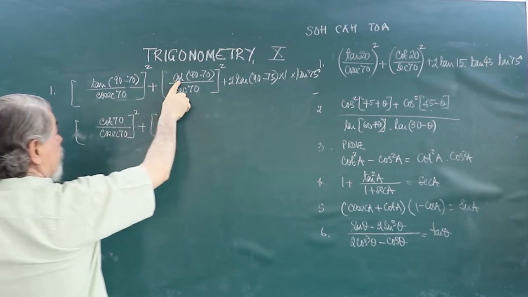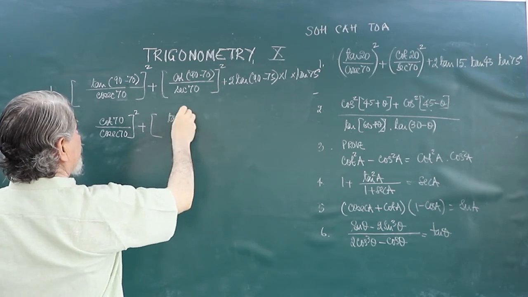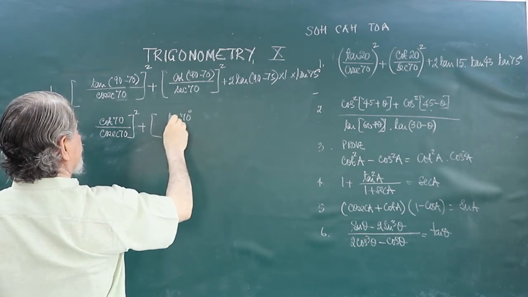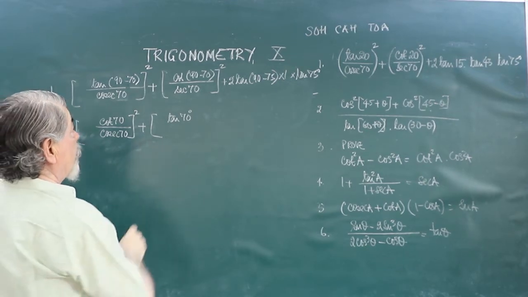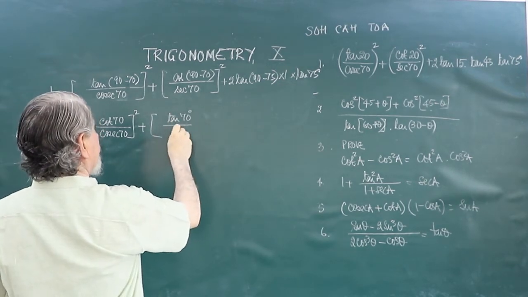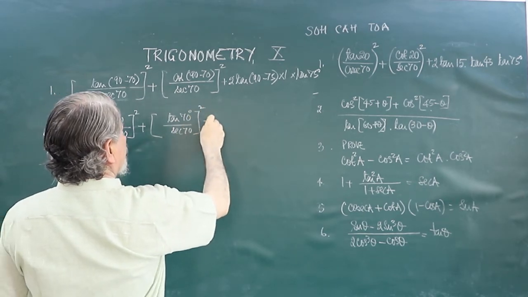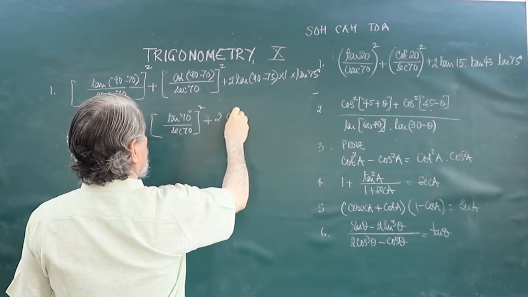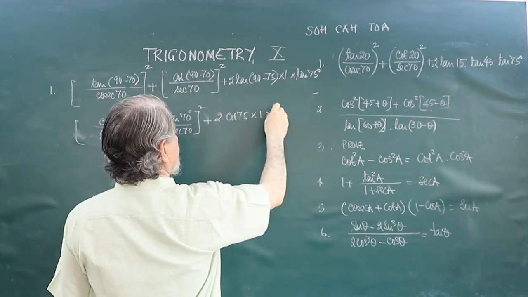Cot 90 minus theta will be tan theta, so it will be tan 70 upon sec 70 whole square, plus 2 cot 75 into 1 into tan 75.